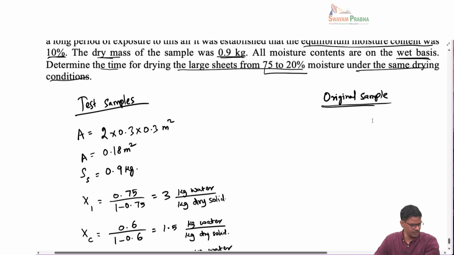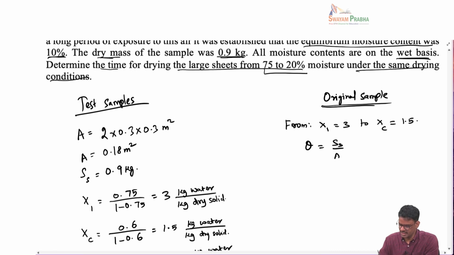Here we have the original sample, and the drying from x1 equal to 3 to xc, which is 1.5, is constant. So we say that theta is SS by A, times x1 minus xc by NC.